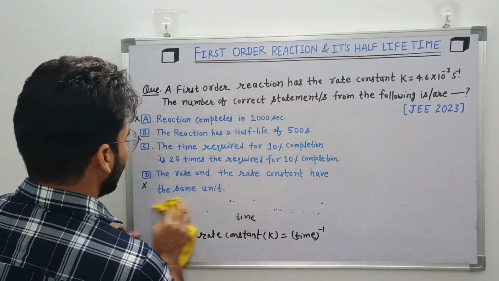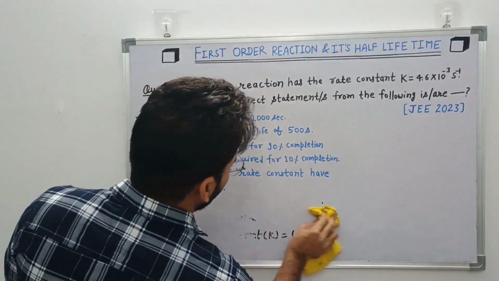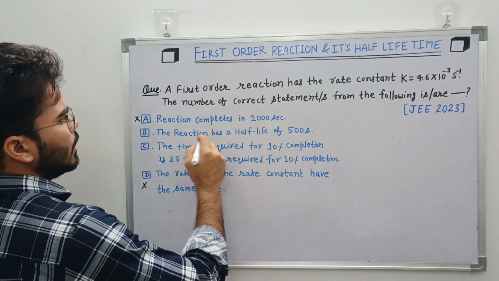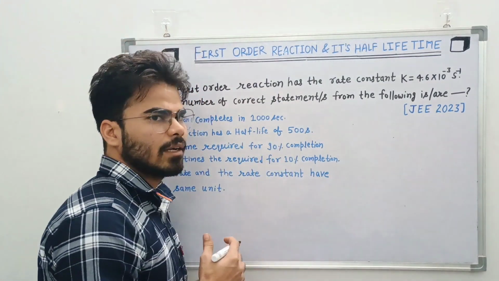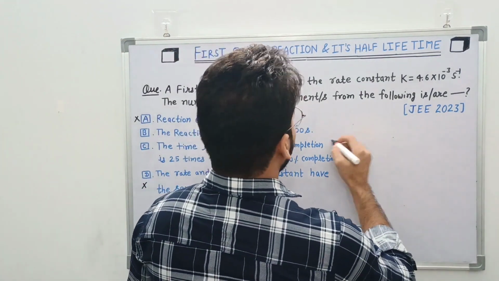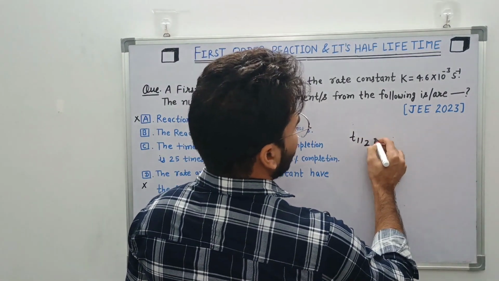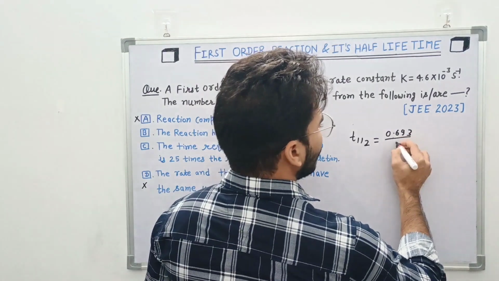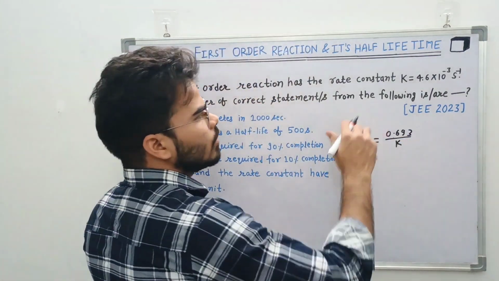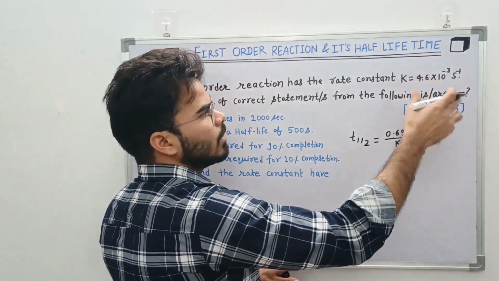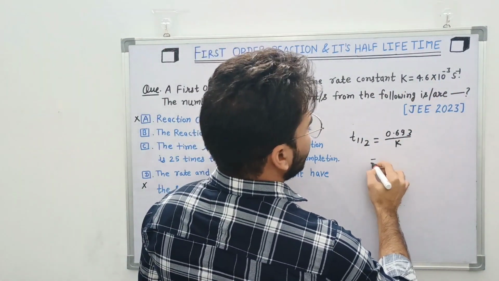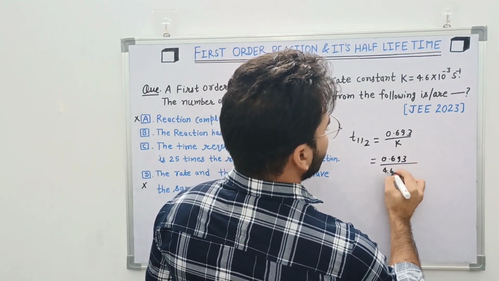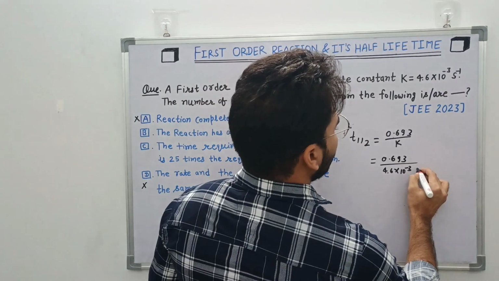Among options B and C, we will see option B first. Option B is saying that the reaction has a half life of 500 seconds. We know the formula of half life for a first order reaction is T half is equal to 0.693 upon K. The value of K is given to us as 4.6 into 10 to the power minus 3 second inverse.